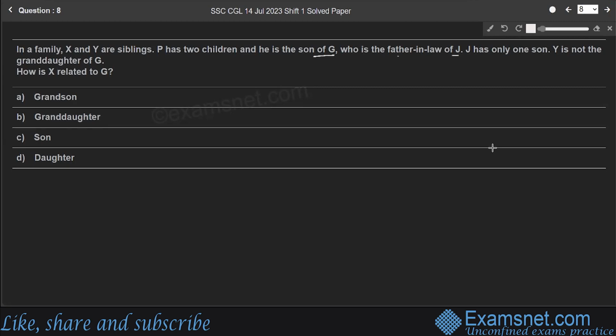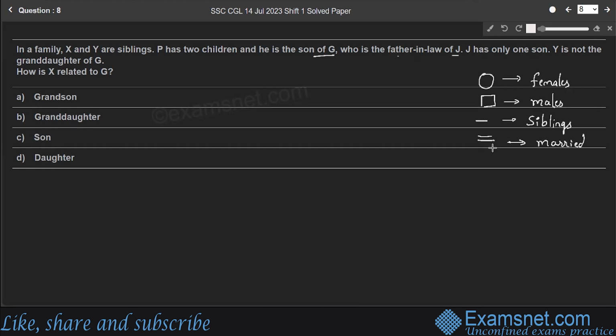So let us make a family tree, students. For which we are using some symbols. We use a circular symbol for all females and a square symbol for all males, a horizontal line for siblings, and a double horizontal line, or two parallel lines, for a married couple.